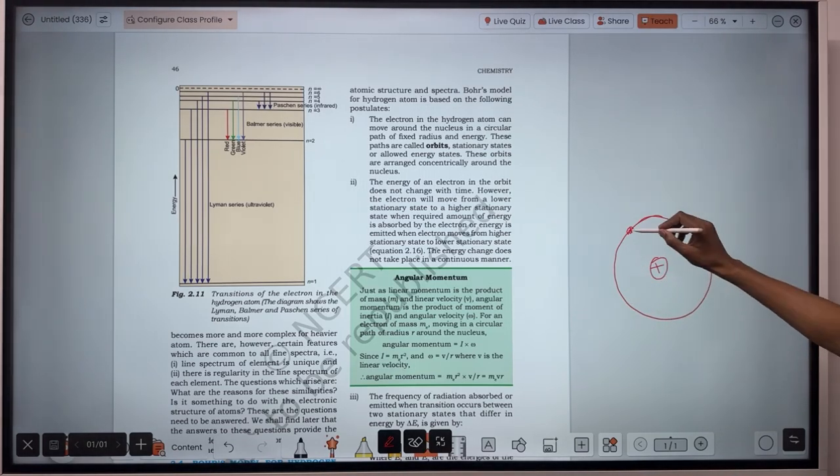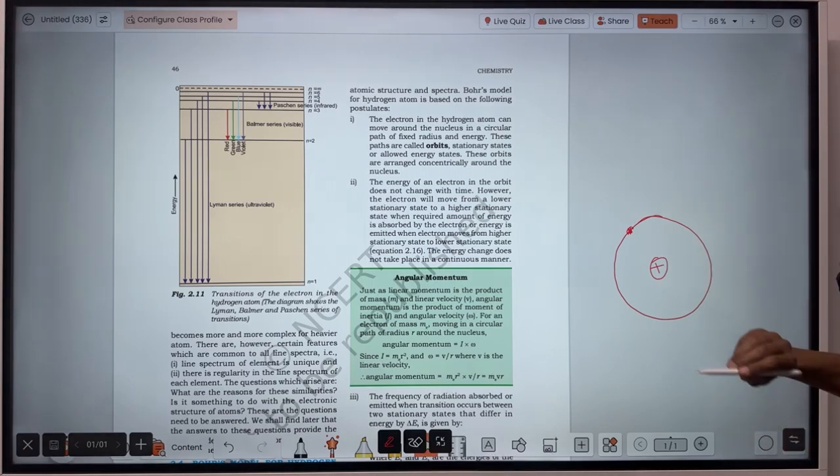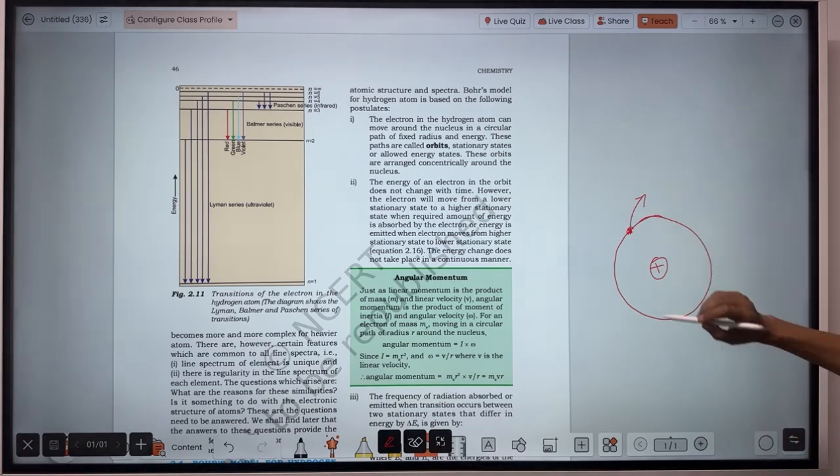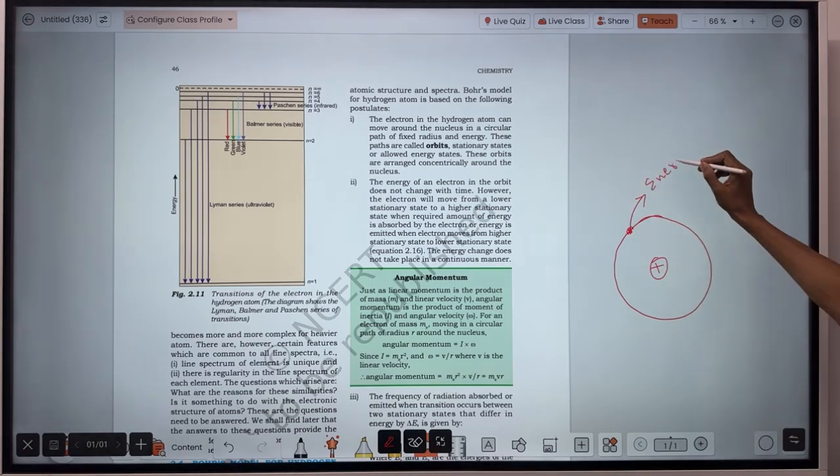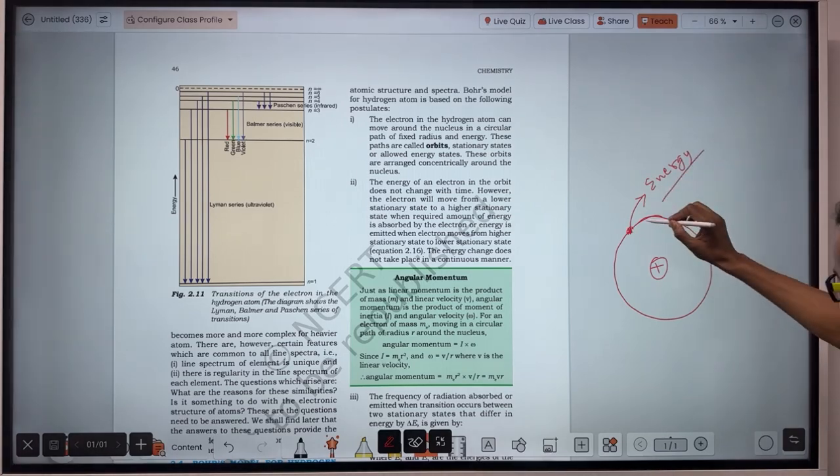The electron revolves in a fixed circular path called an orbit, and that will have fixed energy and a certain radius also.